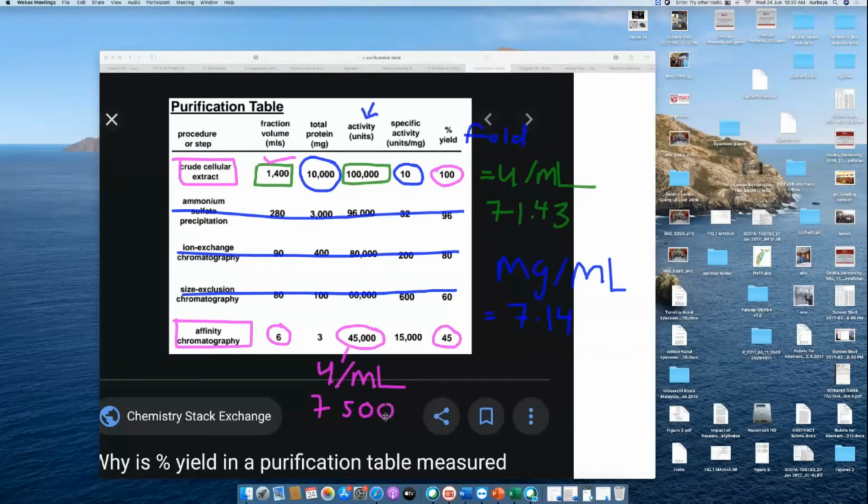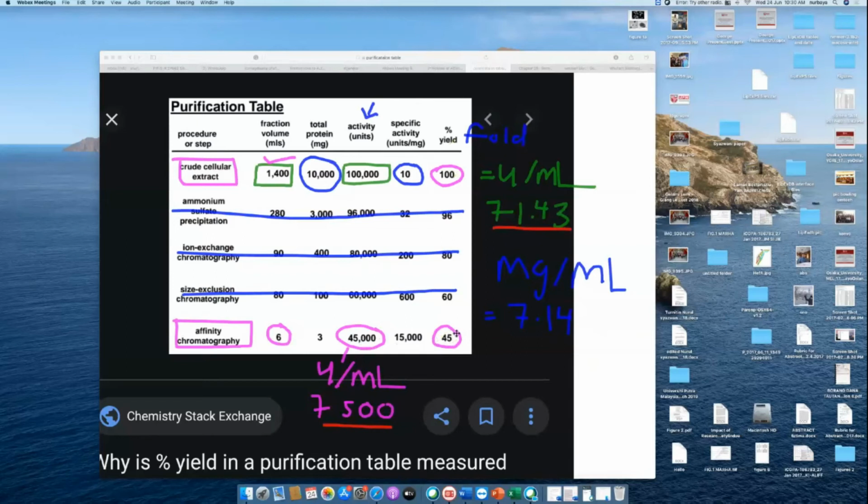If you compare this purified enzyme versus the crude, this is a really big gap, right? You have increased the activity in every ml. Initially it's just 71, now you have got 7,500 units. So that's why for the 6 ml, you have got only 45% recovery.